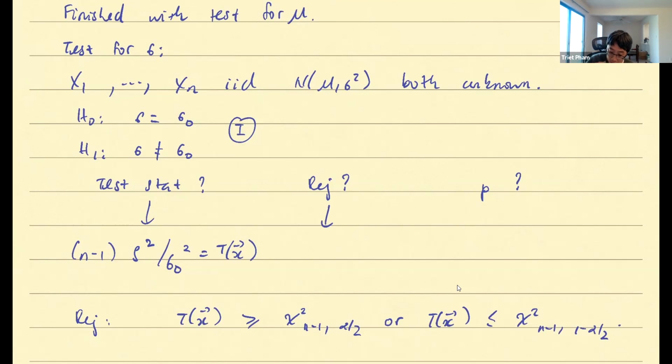Why the or? Because it's two-sided. What about the p-value?